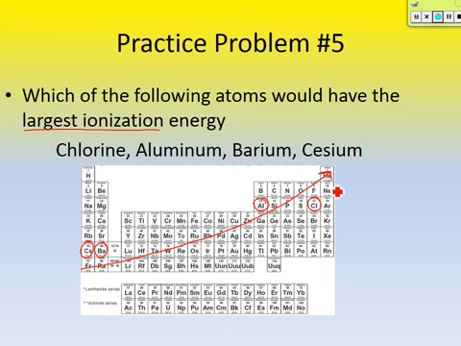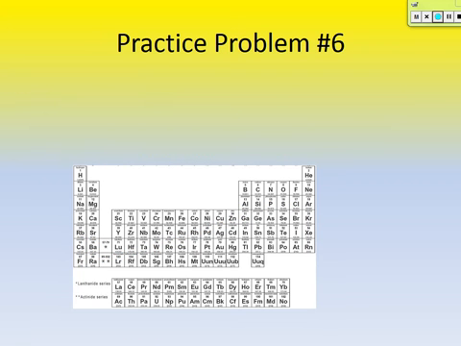Will, what do you think? Which one's closest to the top right? Chlorine. You're right. How many of you guys got that one right? Very good. Let's try another one.